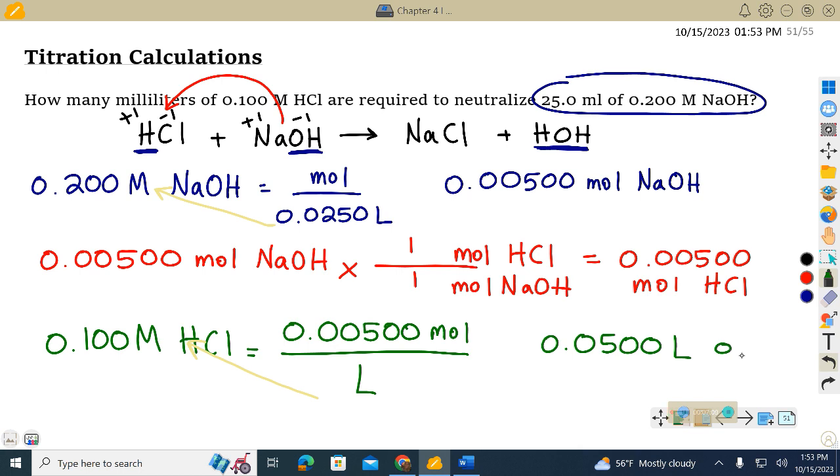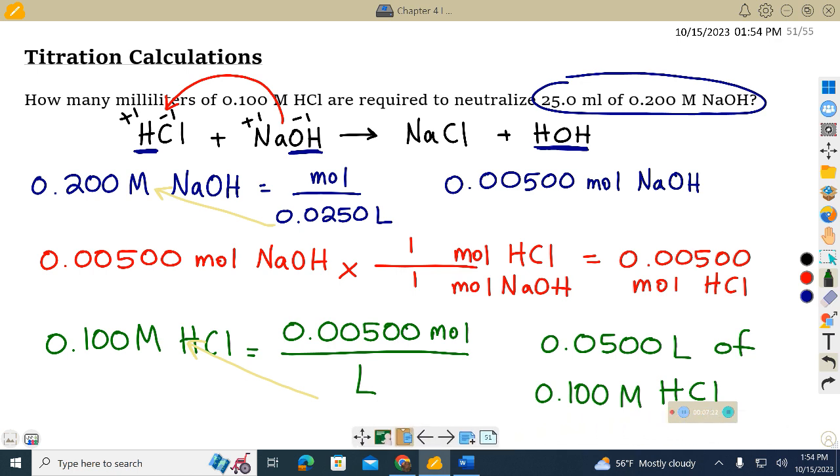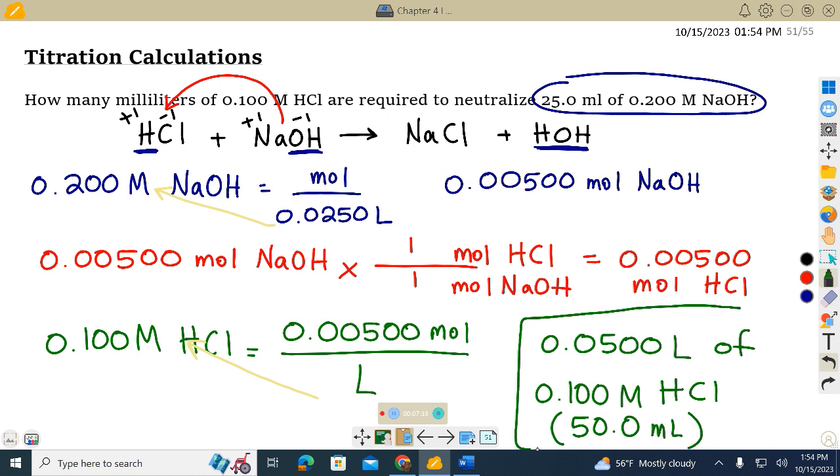Now that's volume of that 0.1 molar HCl. Now if I wanted to, I could flip the decimal spot. Let's get some of this out of the way. I could flip the decimal spot, and that really is about 50 milliliters. And there we have it.